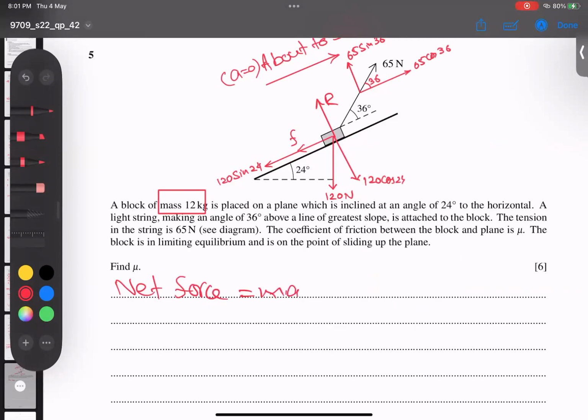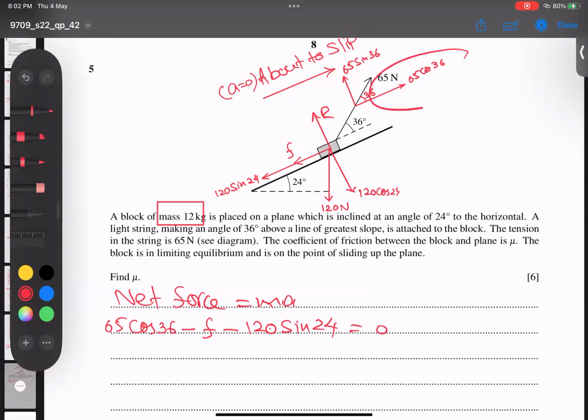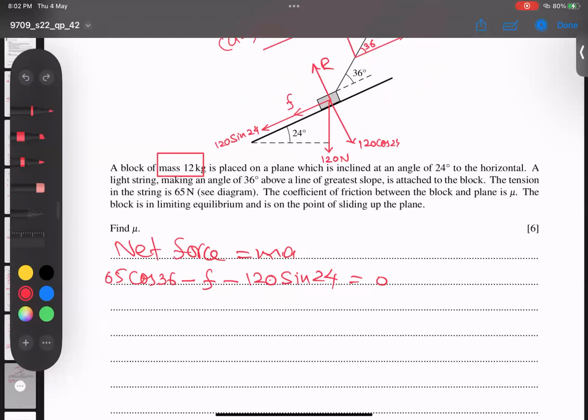It is about to move up, so this force minus friction force minus weight component is equal to 0. I'm writing here 65 cos 36 minus friction minus 120 sine 24 equals 0. Or you can say upward forces equal downward forces because balanced, equilibrium. So bring both forces to the right side. I think I will bring F only here. I'll tell you the logic later, why I'm keeping this only there.